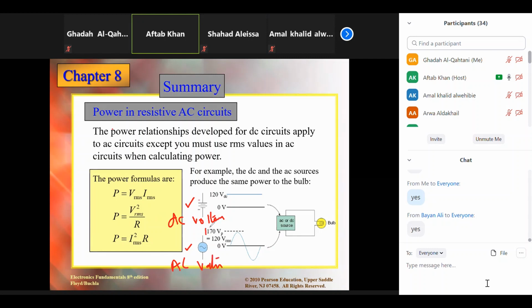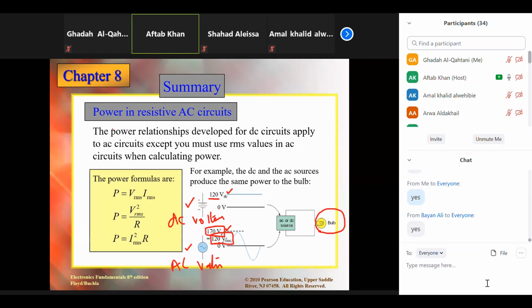If we have a 170 peak value of the AC and we get its RMS value, we will get 120, and it is equal to 120 DC voltage. So if we apply 170 peak value to this circuit, or we apply 120 DC voltage to this circuit, the bulb will consume the same power, because when we convert 170 peak into RMS, we are converting into equivalent DC.